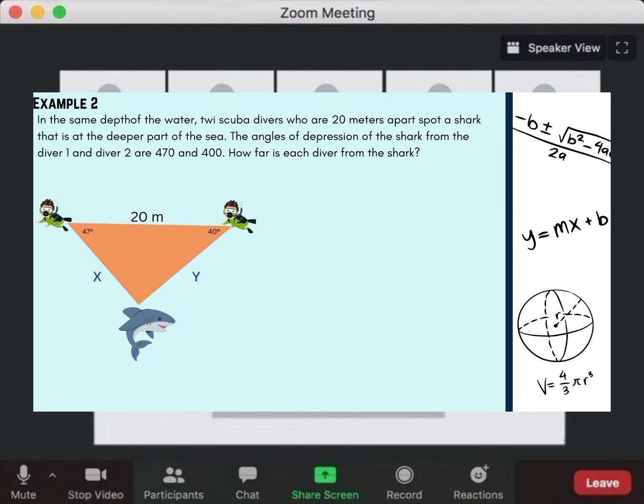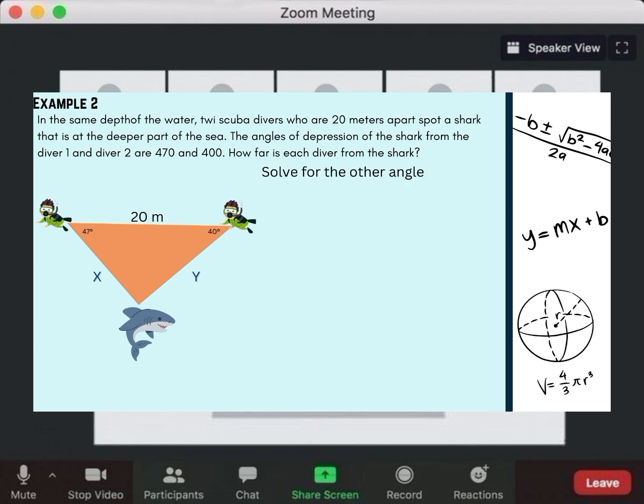The 20 meters is the distance between the two divers, so the given in the oblique triangle is two angles and one side. Therefore, we are gonna use the law of sines because of ASA. Now let us find the third angle.